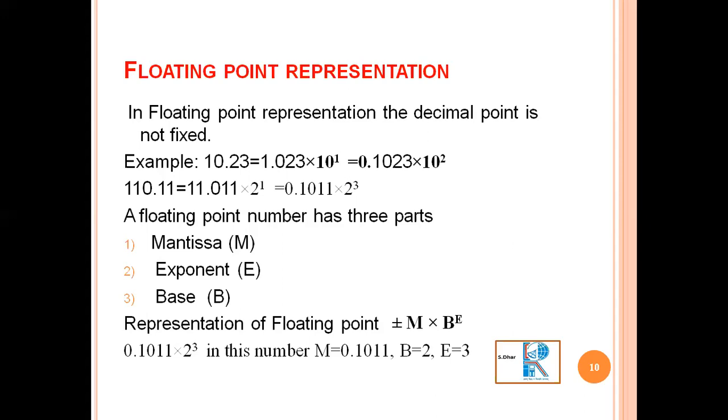But if I increase the size of the number, clear? In this case, suppose after 1 there are hundreds. That means suppose we have written 1 followed by 100 zeros. That means 100 bits are required. Clear? But if I represent it in the floating point number, it will be 1 into 10 to the power 100. So we represent 1 and 10 to the power 100.